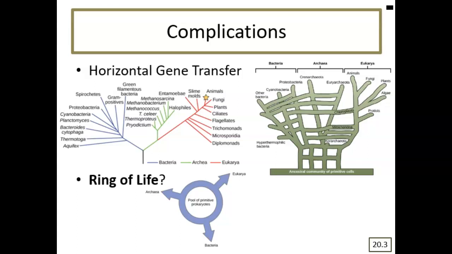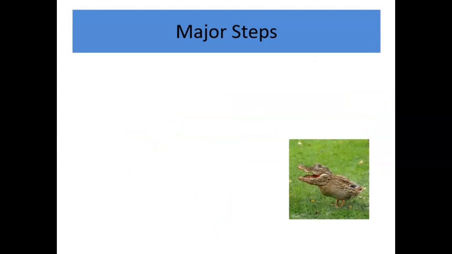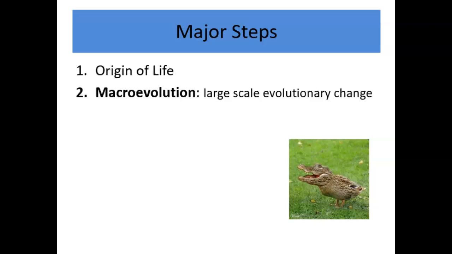So I want to think now about the origin of life, right? Because really, if you wanted to, you can divide the history of life into two major steps. One, life begins, right? You have to have the start of life, and then after that, you have those large-scale evolutionary changes.